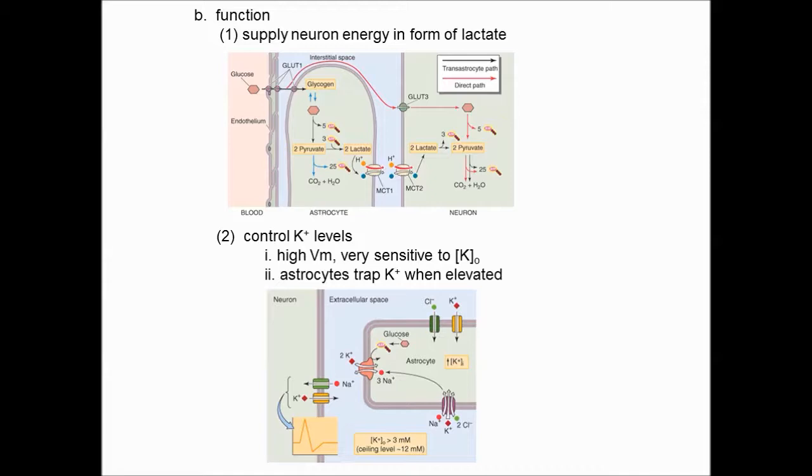Another very interesting thing we found out recently is astrocytes control a very important extracellular concentration of potassium. They have a very high, very polar membrane potential that's very sensitive to extracellular potassium. So the more polar cells are, the more sensitive they are to small changes in potassium.